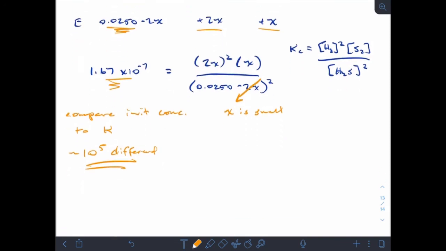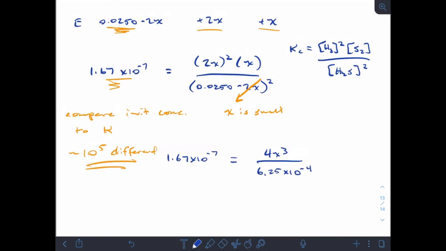So what that does for my equation is it allows me to rewrite it without the minus 2x. So I'll have 1.67 times 10 to the minus 7 equals 4x to the third over 6.25 times 10 to the minus 4, because that's 0.025 squared.